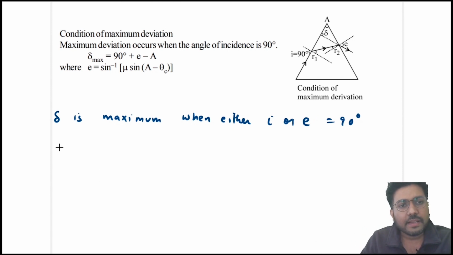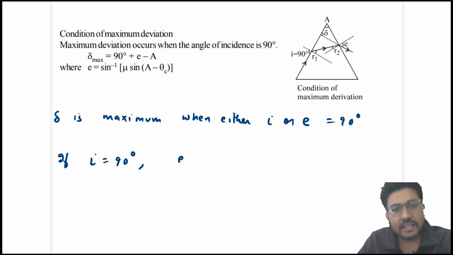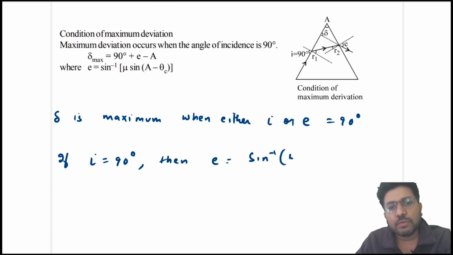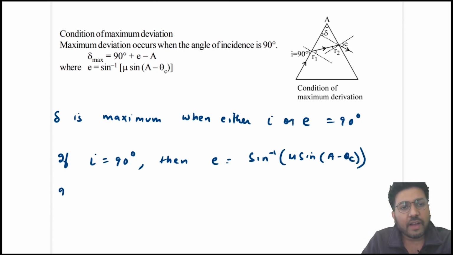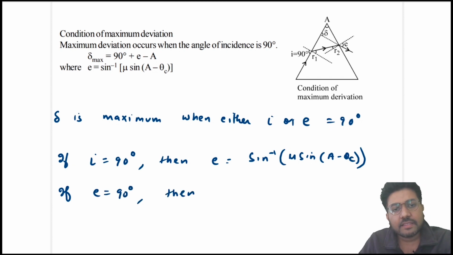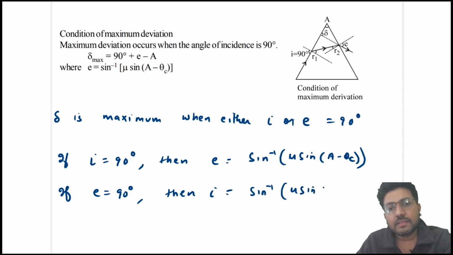Listen carefully. If I is 90, that is grazing incidence, then E is sine inverse mu sine A minus theta C. And if E is equal to 90 degree, then I is sine inverse mu sine A minus theta C. There is a principle of reciprocity here.